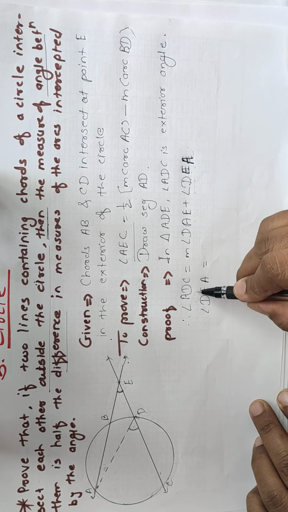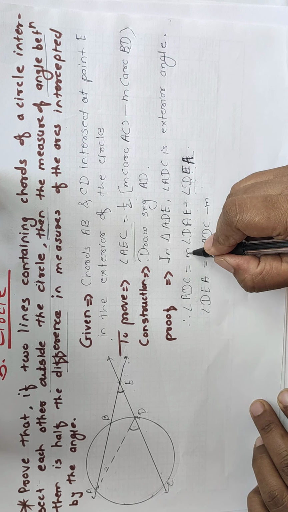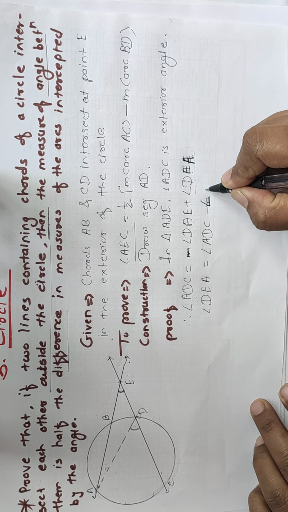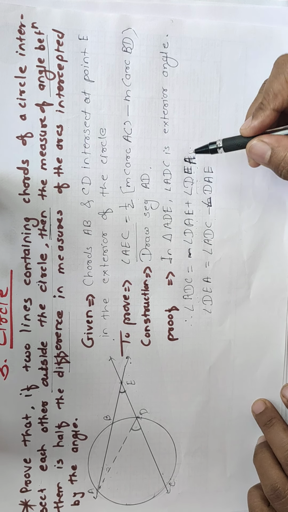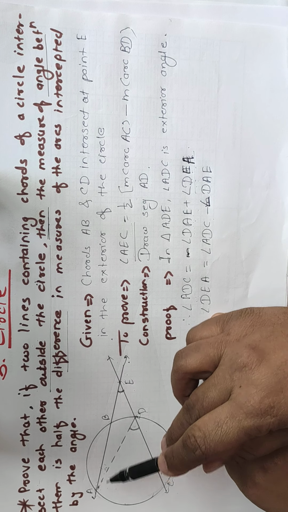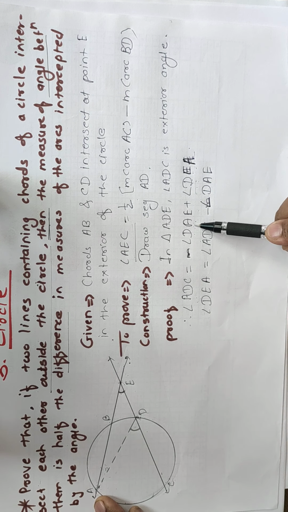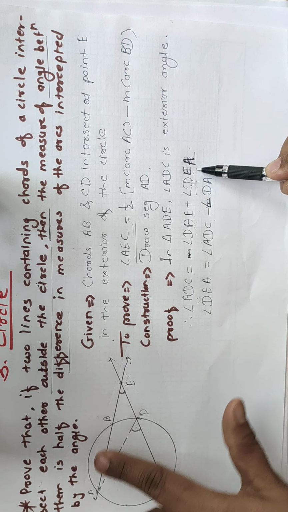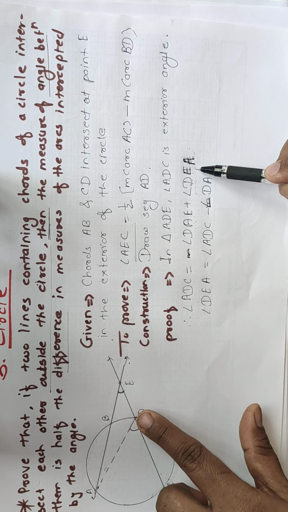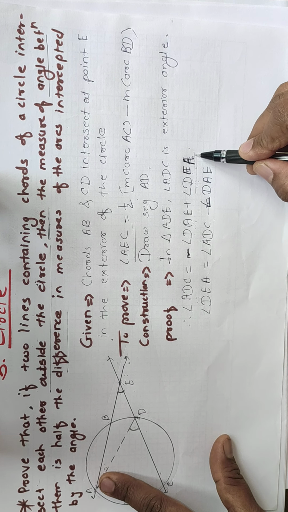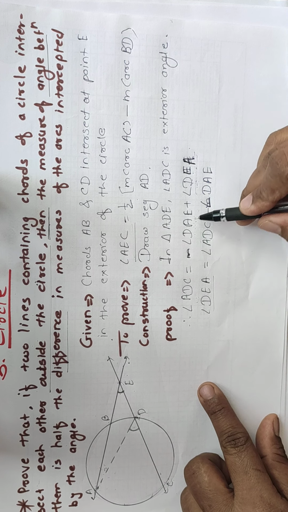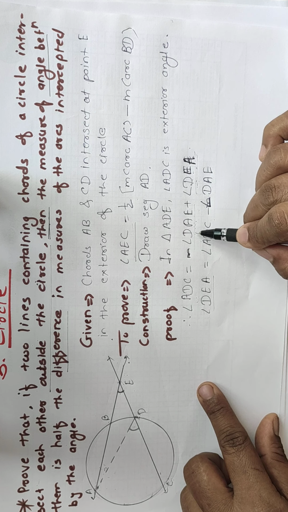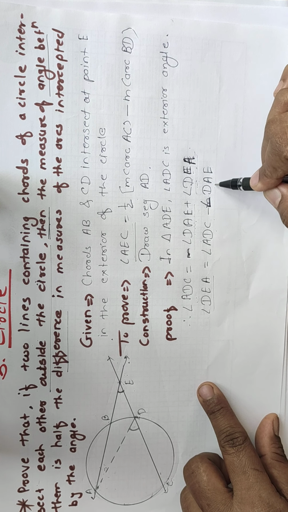So angle DEA equals angle ADC minus angle DAE.